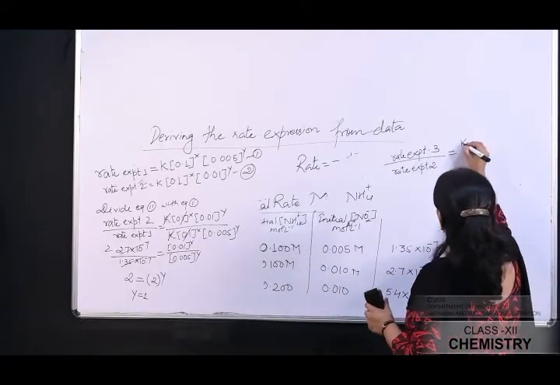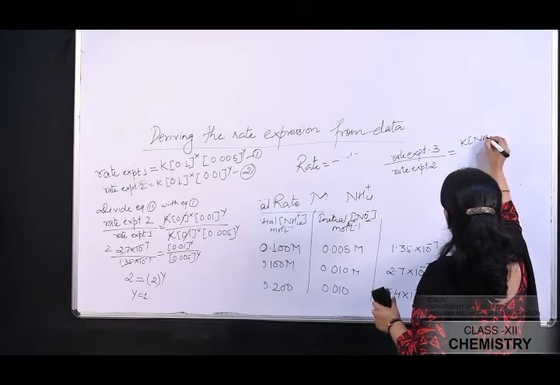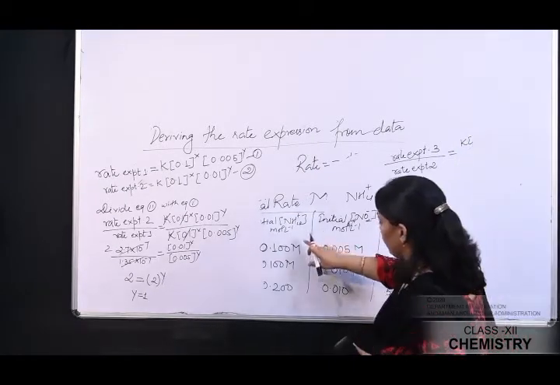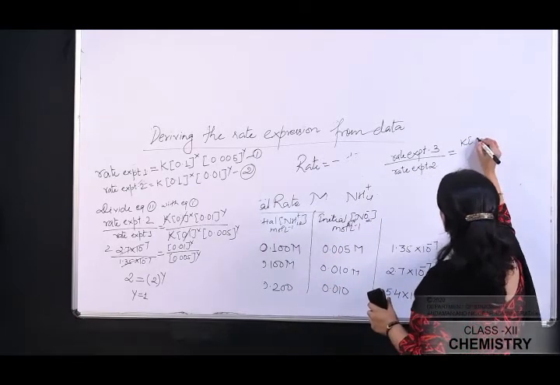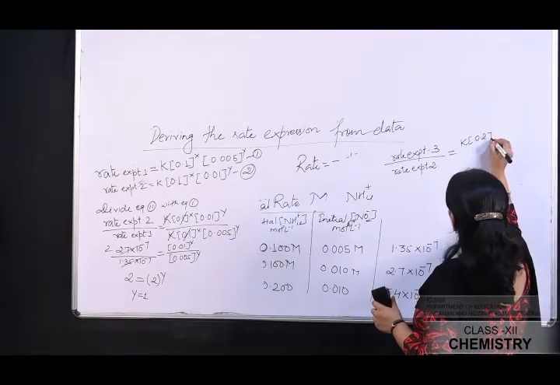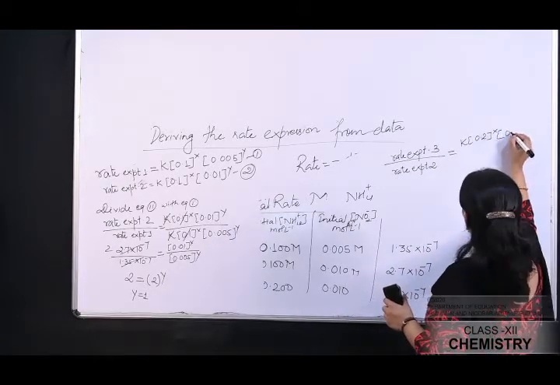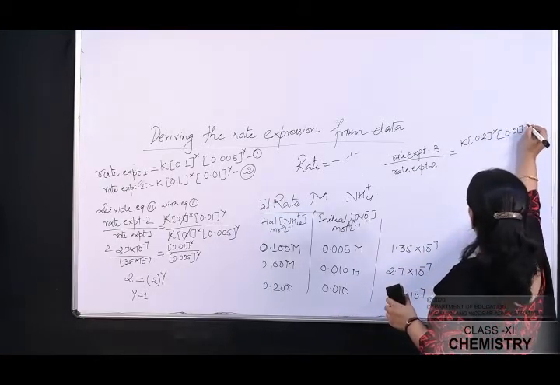That is k, NH4 positive concentration 0.2 power x, and for nitrite it is 0.01 power y.